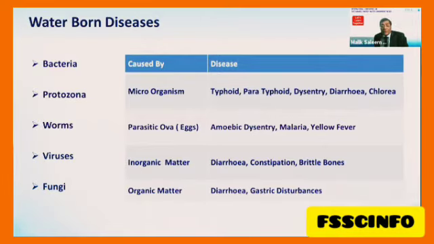These are the microbes causing problems in drinking water. In the 90s, the World Bank carried out a survey in Pakistan to assess the need for hospitals in Pakistan, and that report is available on the net as well.